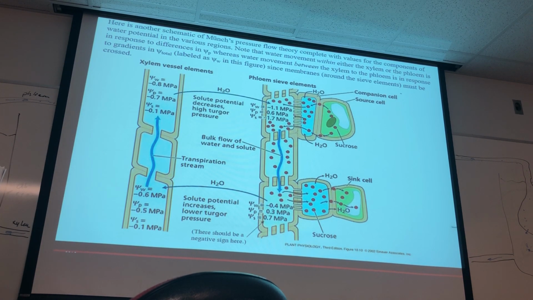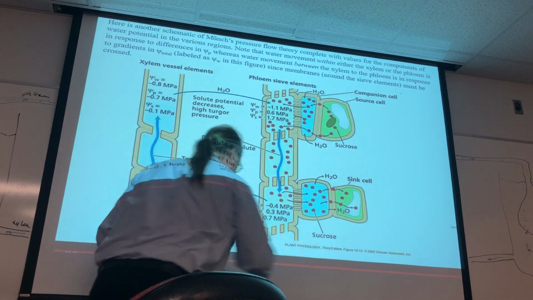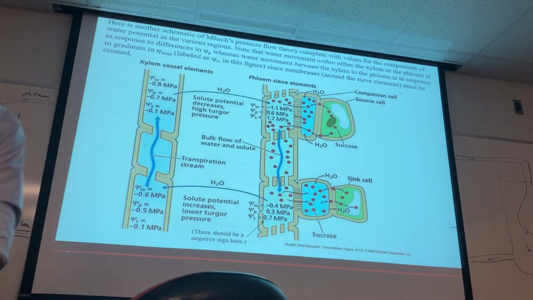Let me just check. This picture is from the 3rd edition. You can see this is the 6th edition. I wonder if they'll change that negative sign. They changed the chapter number. Well, it doesn't matter. You can look it up. Right? Here we go. 285.